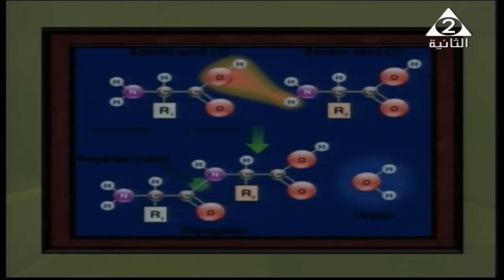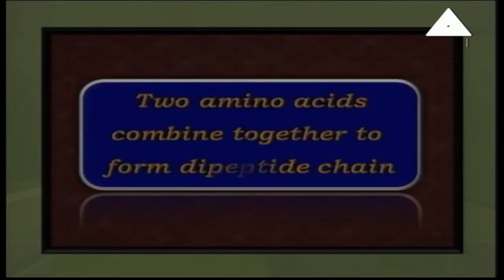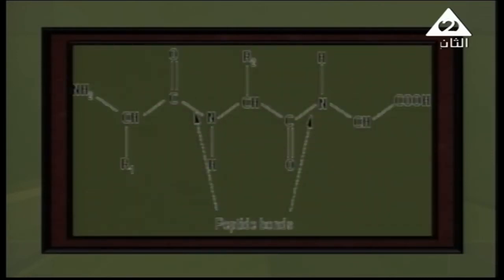We said before, when two amino acids bind together, they form a dipeptide by elimination of water. So we have here two amino acids only, and the type of protein here is a dipeptide. But here we have several types of amino acids, and they form a polypeptide protein.